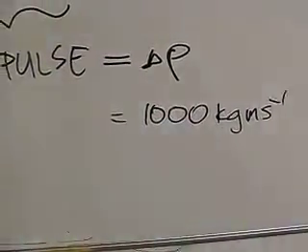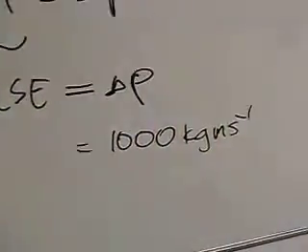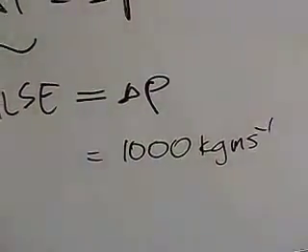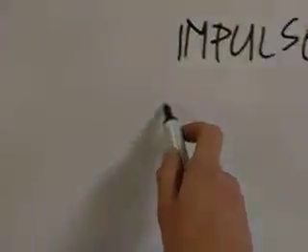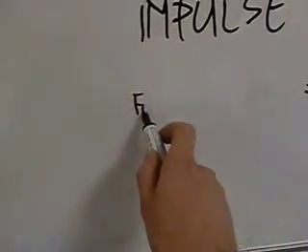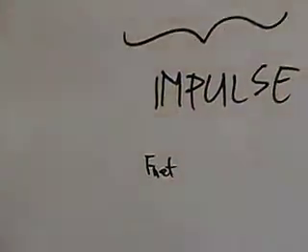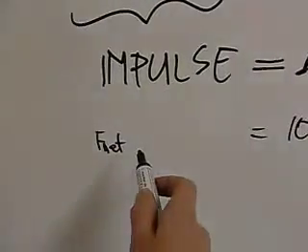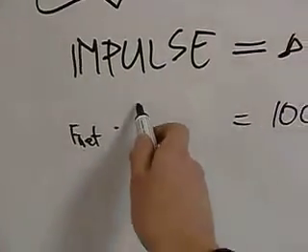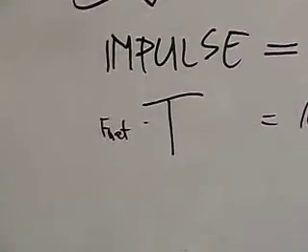Now, this idea of impulse being force times time gives us two different ways we can get this change in momentum. We could change the momentum of an object by this much by using a very, very tiny net force, if the tiny net force is acting for a long time.